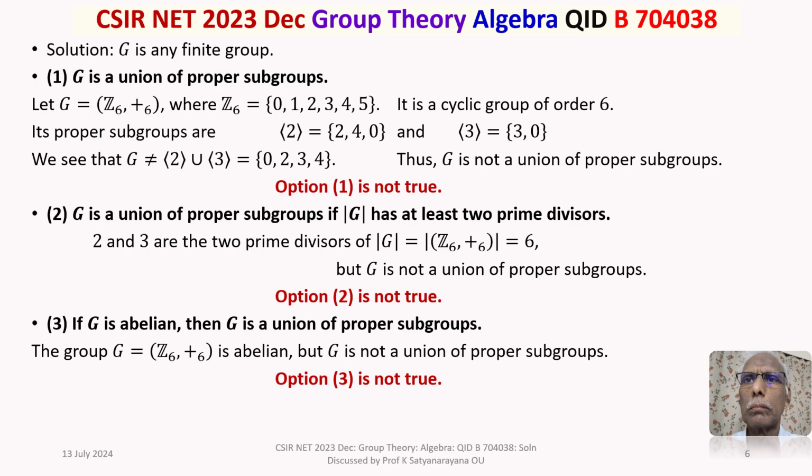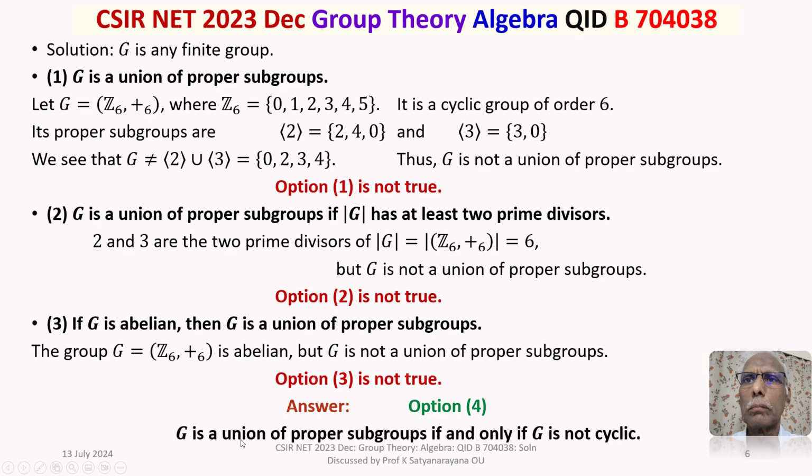Therefore, the correct answer for this question is option 4 by elimination procedure. By elimination procedure, option 4 is our answer. Therefore, the answer to this question is option 4. What is option 4?